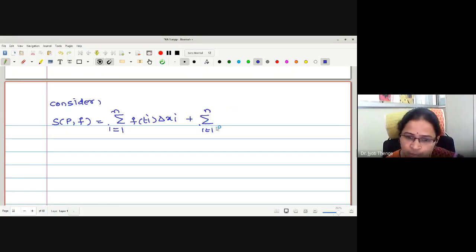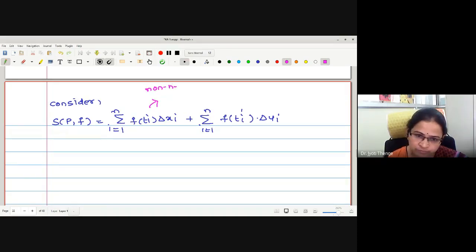Let me write this as f of Ti dash into delta yi. See, this is for non-negative part. Sorry, this is for non-positive part, and this one is for non-negative part.